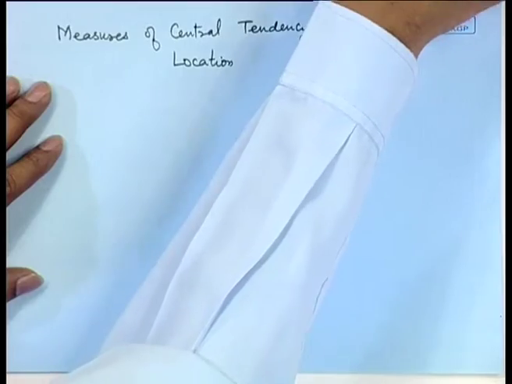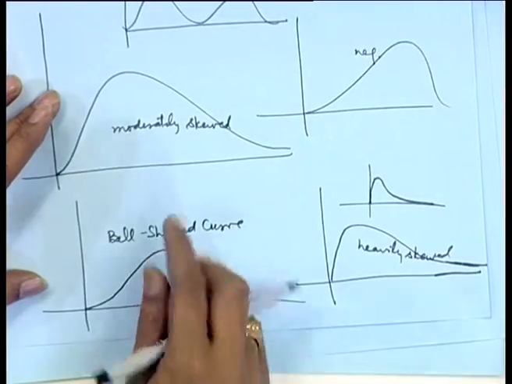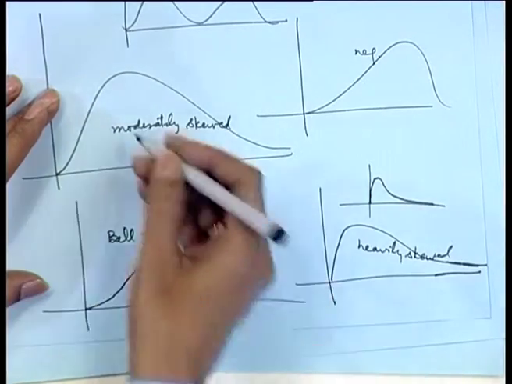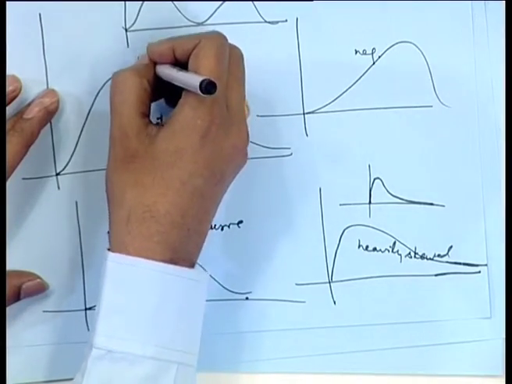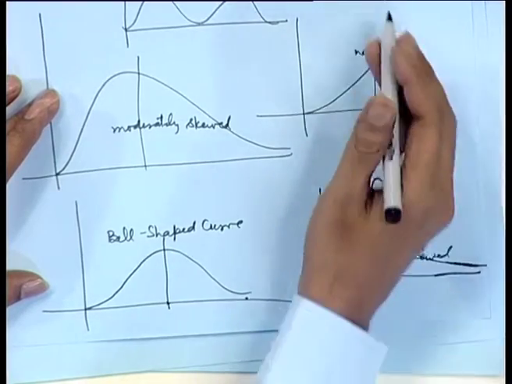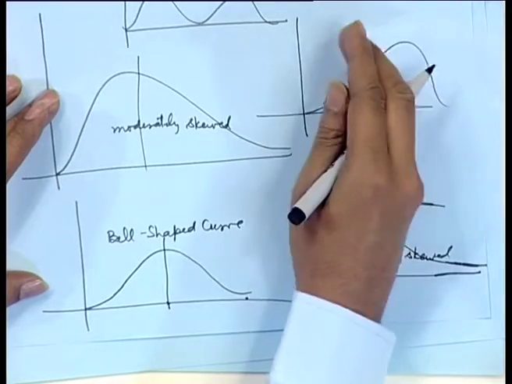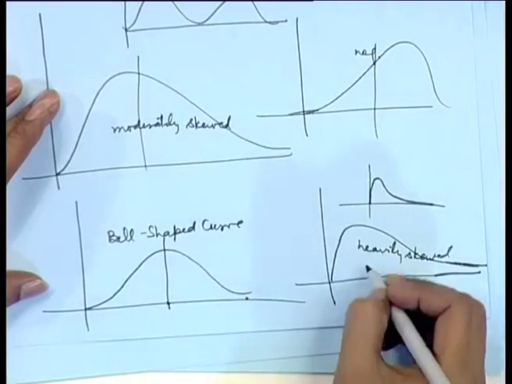Most of the data is concentrated about the center. Here the center may be a little bit shifted to one side because of the heavy weightage given to more values there, but there may be a long tail to the left and so on.